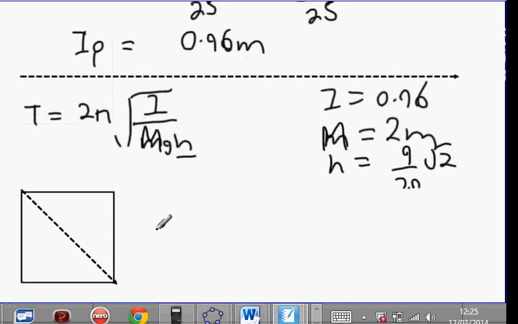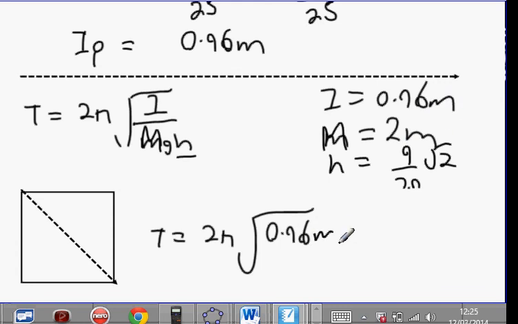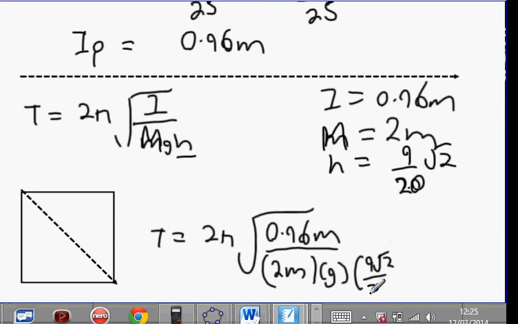So T therefore equals 2 pi root I, which is 0.96 m. Just remember that from the last question. M is going to be 2m, and then g is still going to be g, and h is going to be 9 root 2 all over 20.